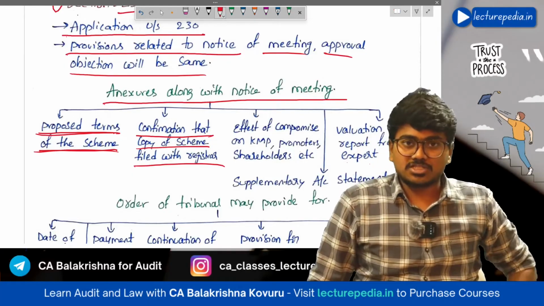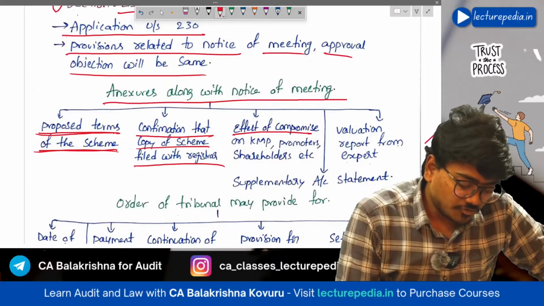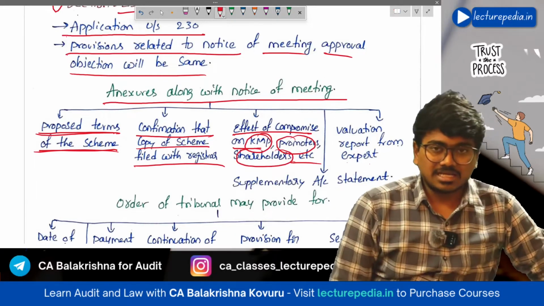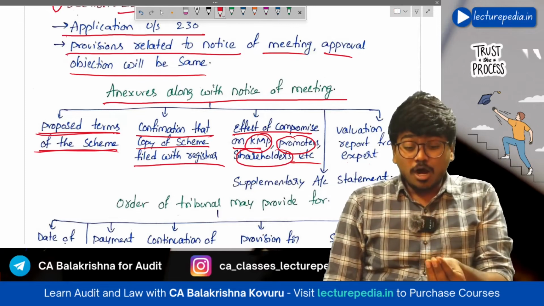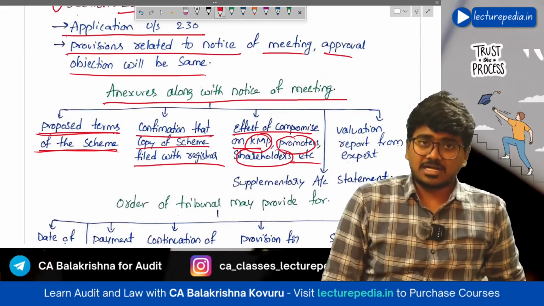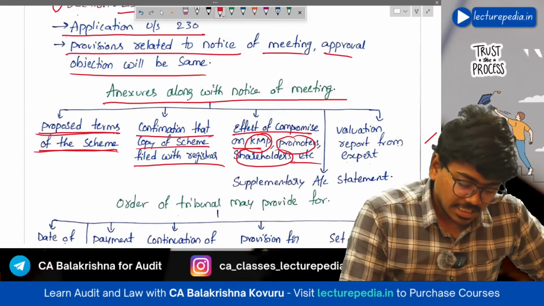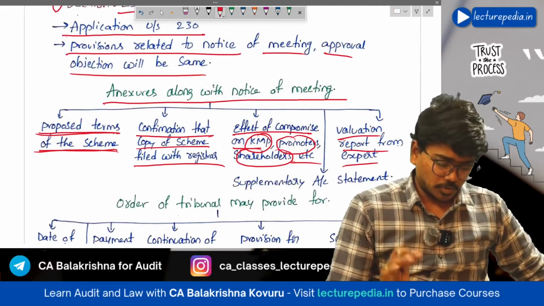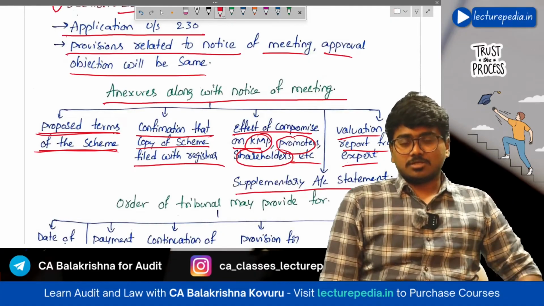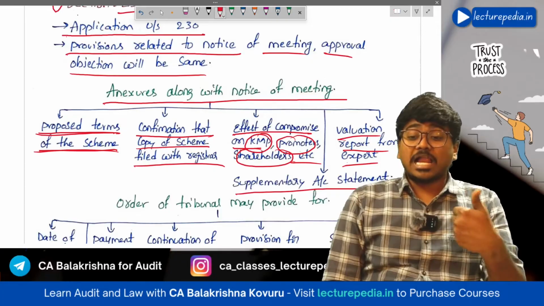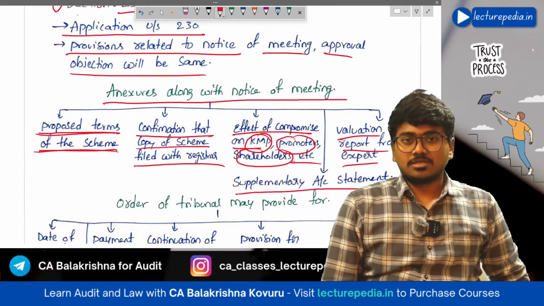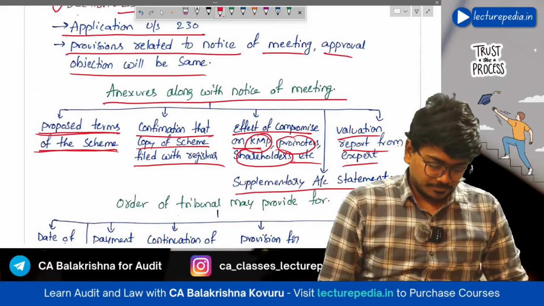Next, the effect of compromise on key managerial personnel, promoters, shareholders, etc. What will be the effect of this amalgamation or merger on different parties? You have to mention that. Next, valuation report from an expert, and supplementary account statement. All these you need to give along with the notice of meeting for a merger or amalgamation.